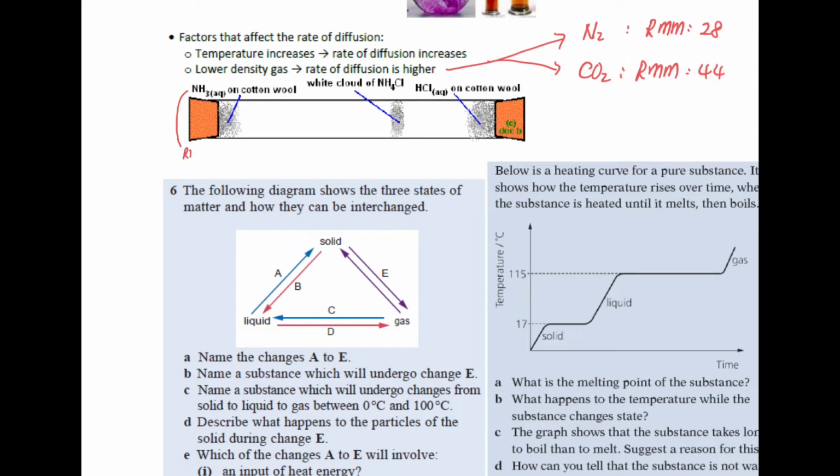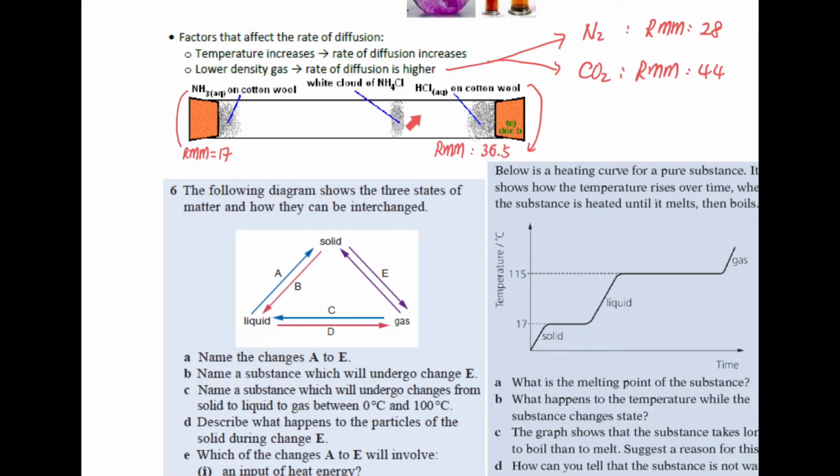Ammonia, basically this is 14 plus 3, the relative molecular mass is 17. How to count this? We will learn it very soon. Relative molecular mass for HCl is 35.5 plus 1, 36.5. So from here we know that HCl is heavier.